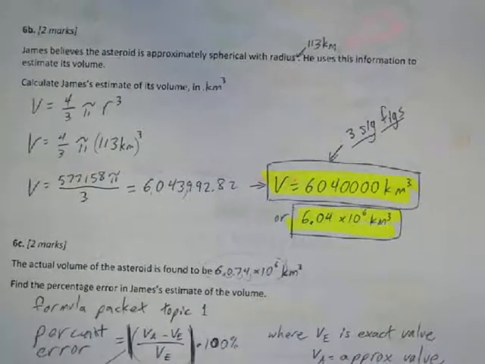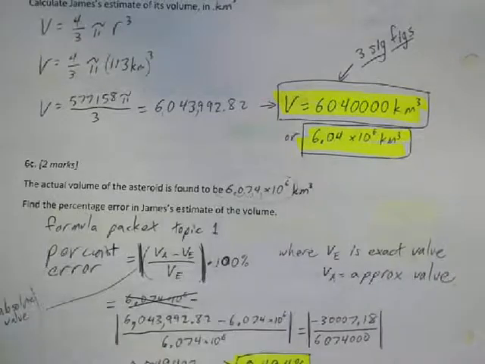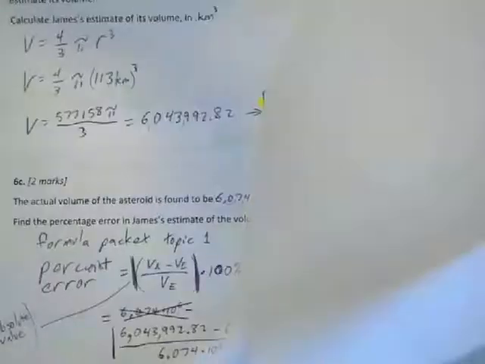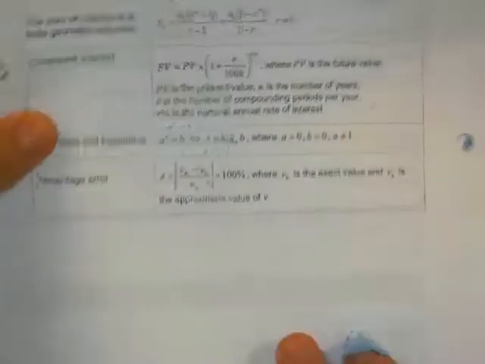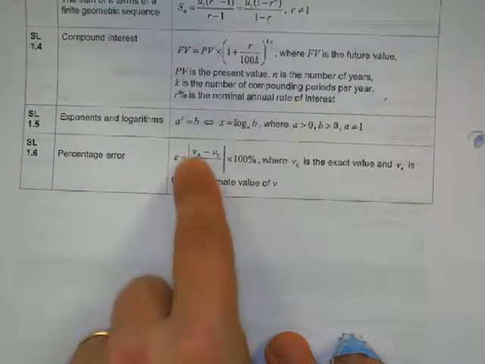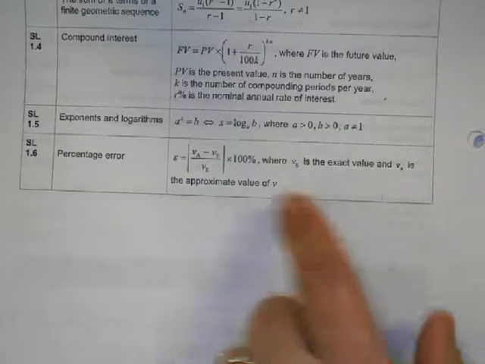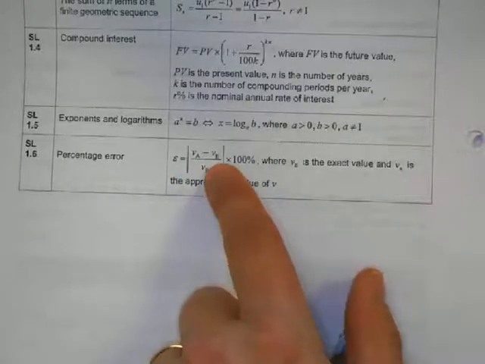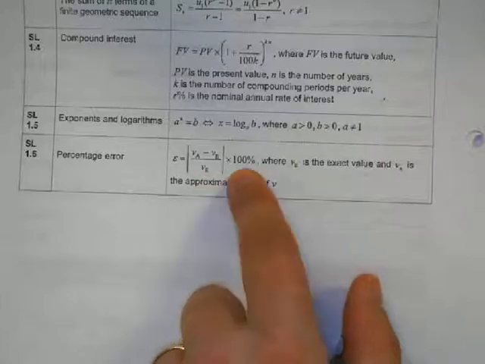Okay, last question. From the formula packet, I'm going to switch to topic 1. In my formula packet, topic 1 has percentage error, which is the absolute value of VA minus VE, divided by VE, times 100%.